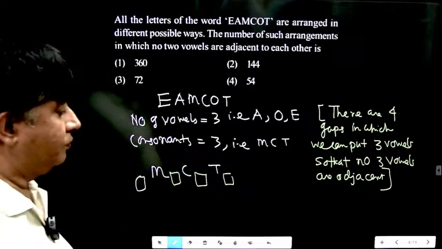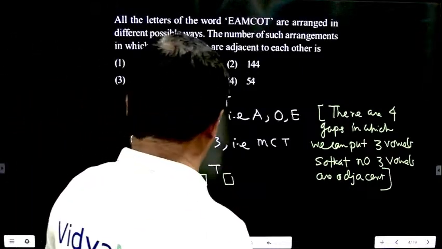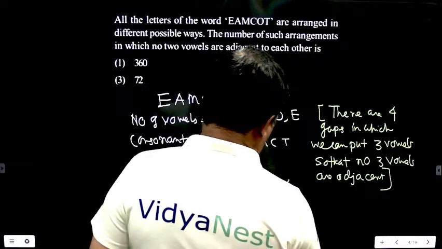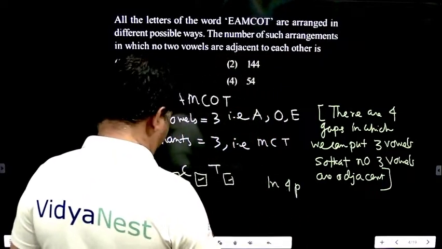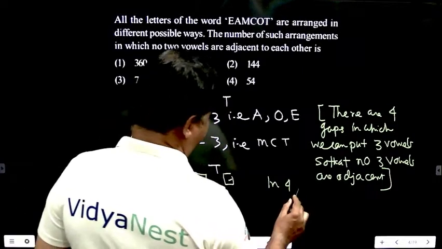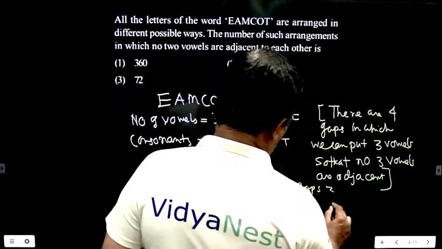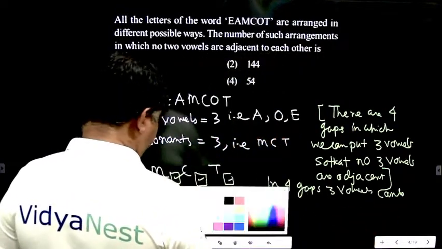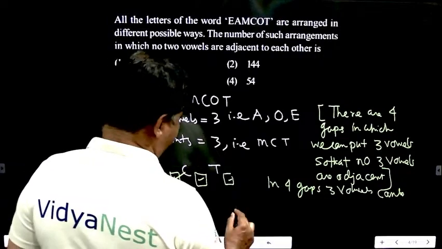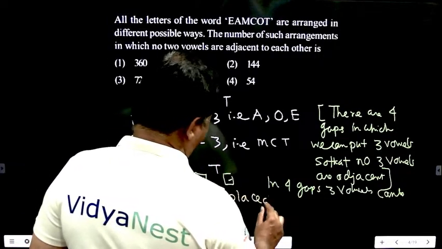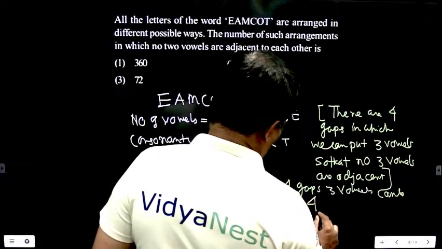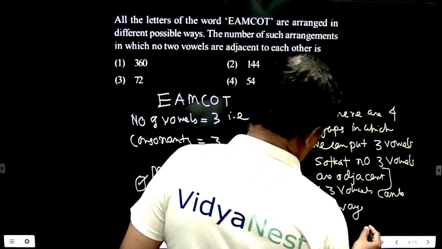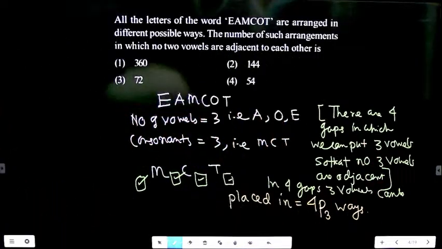So there are four spaces. 1, 2, 3, 4. So in four gaps, three vowels can be arranged in 4P3 ways. Okay.